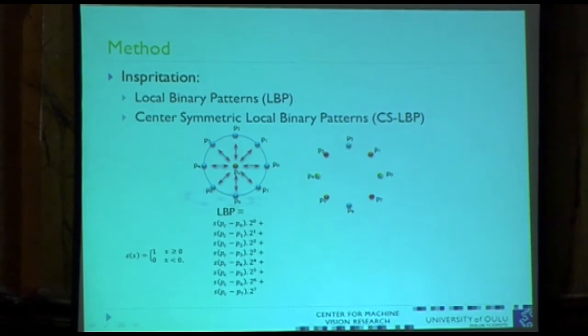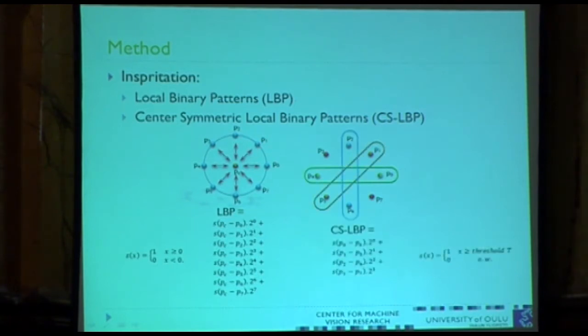In our work, we propose a slight modification on that approach and apply center-symmetric local binary patterns to describe surfaces locally. Center-symmetric local binary patterns was originally proposed to describe regions in images. Intensity values of opposing pixels are compared, and the differences are thresholded.